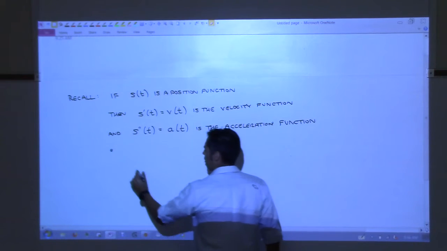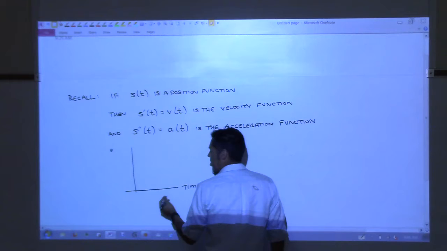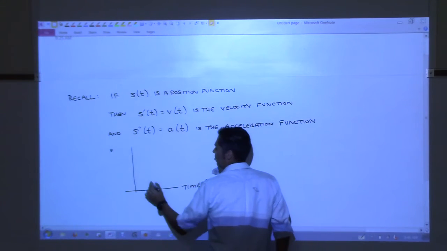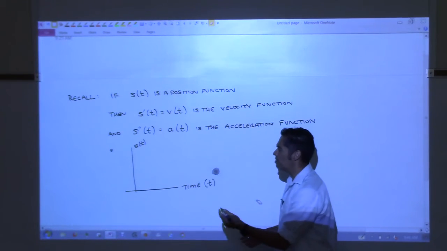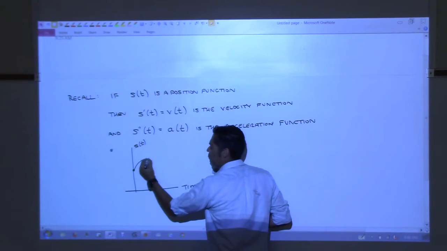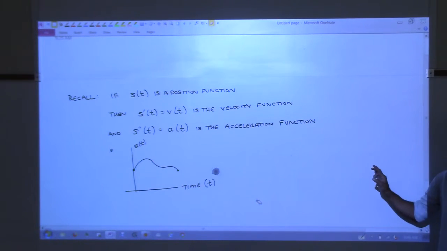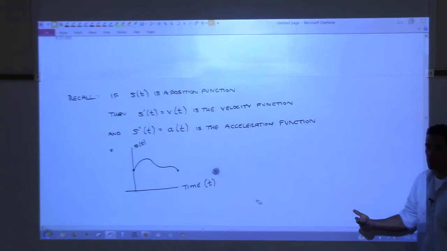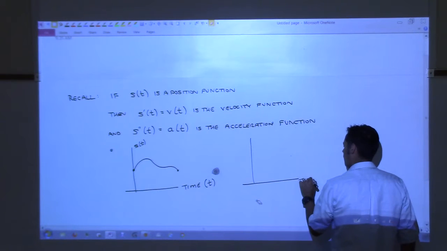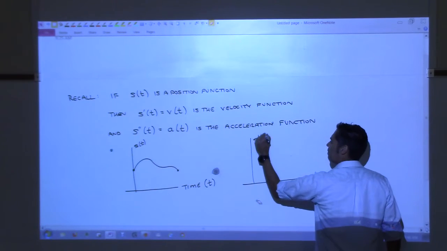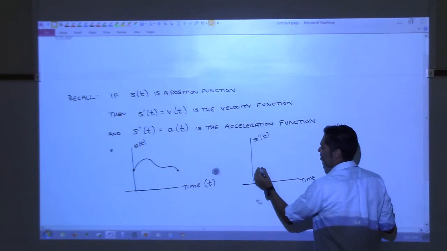Let's say that we have a function where we have time as our input, and this is going to be t, and then we have position, which is s of t, and that can be measured in feet, miles, whatever. So what we basically know is where some object is at every point in time. Then if we take the derivative of that and graph it, here's time, and now we graph its derivative. So the derivative is a different function, right?